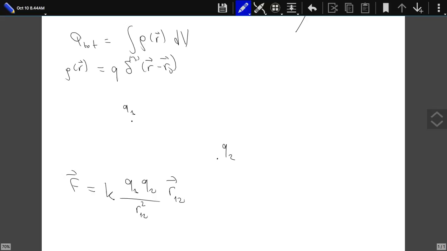And it is with a proportionality constant. Let's say this is the force acting on 1 due to the charge 2. So this will be, yep, a unit vector.